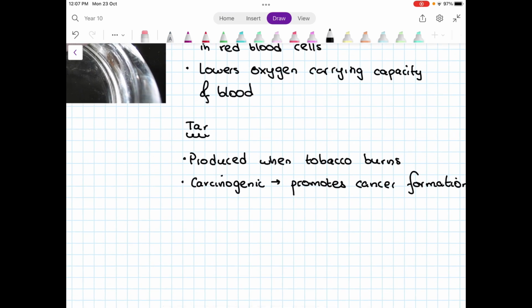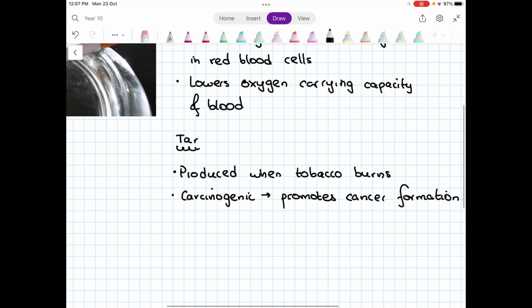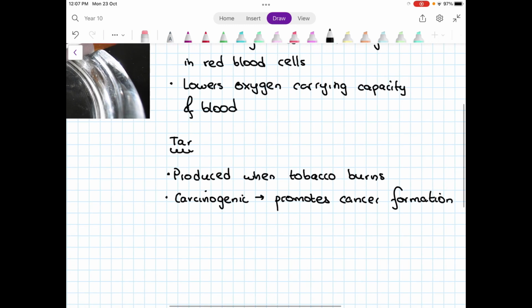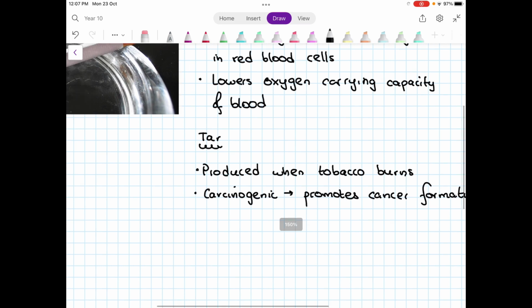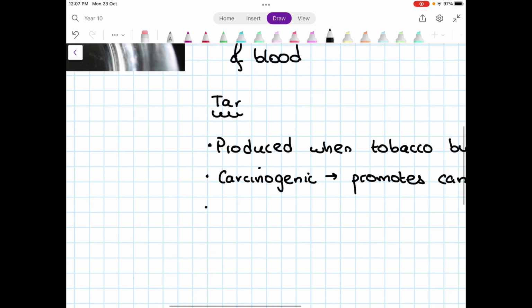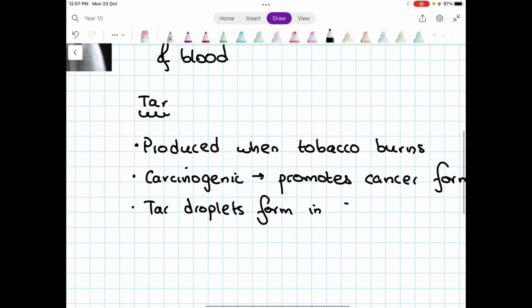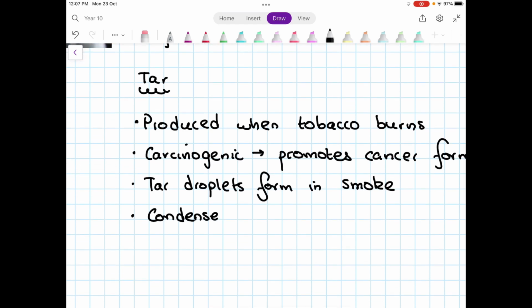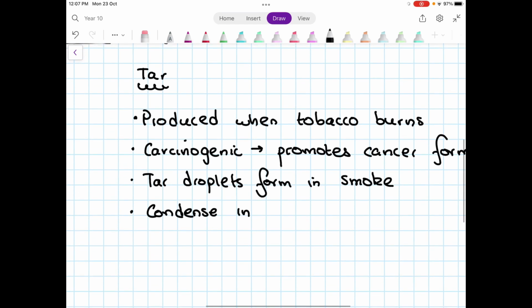The consequence of tar is that the droplets form in smoke, and then they condense, so they change from a gaseous to a liquid state, in our airways and alveoli.